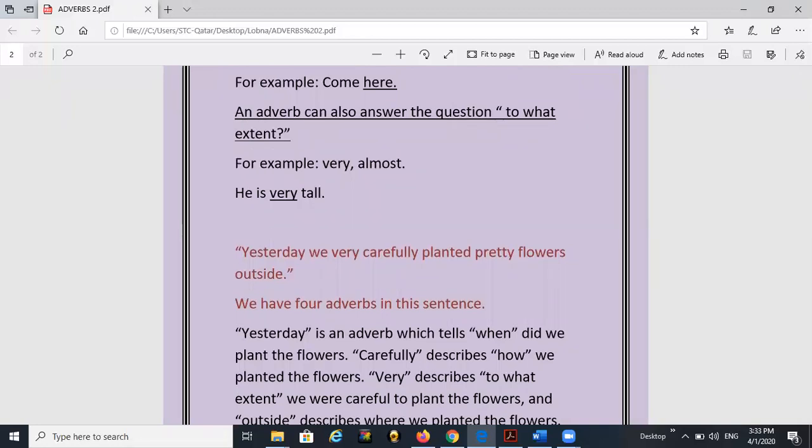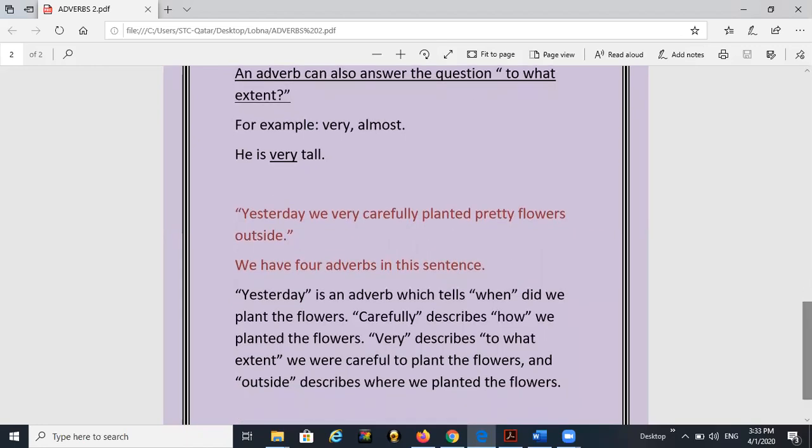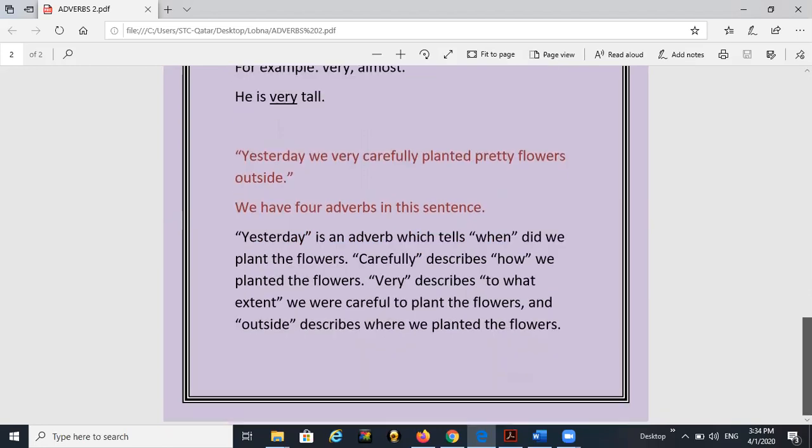We were very careful, right? So the word very describes to what extent we were careful to plant the flowers. And outside describes where we planted the flowers. Okay.